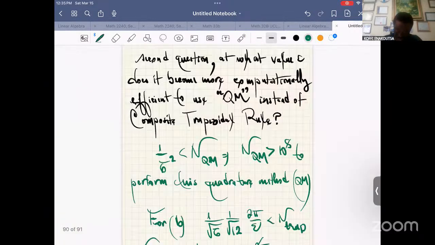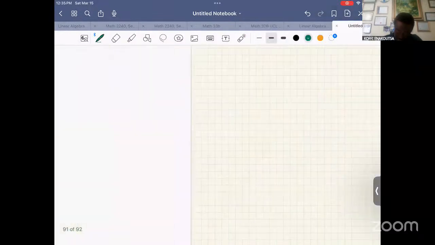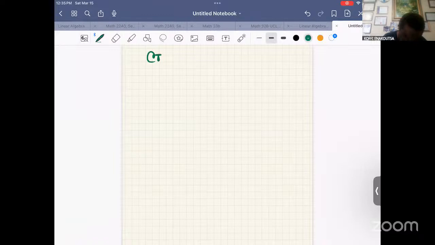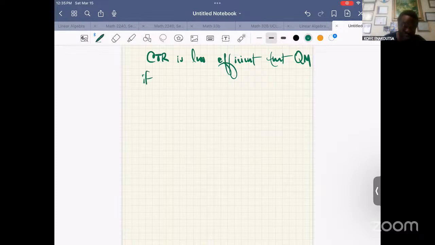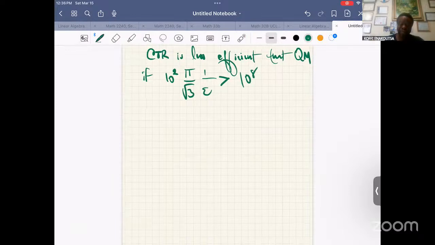So CTR is less efficient than QM if the error generated, so I have here 10 to the power 2 multiplied by pi divided by root of 3, 1 over epsilon, is greater than the error 10 to the power negative 8. And then from there, you can deduce what epsilon is.